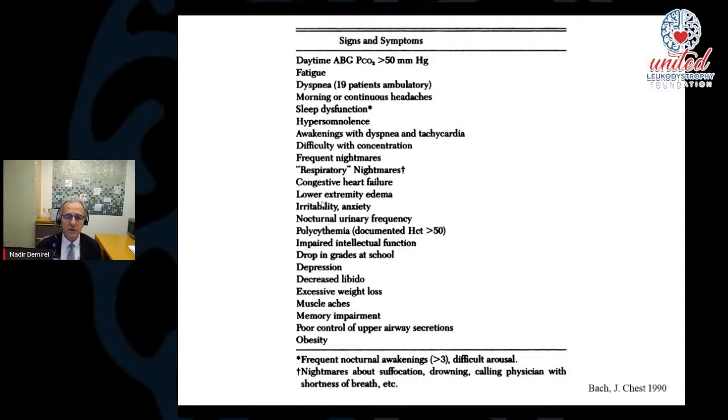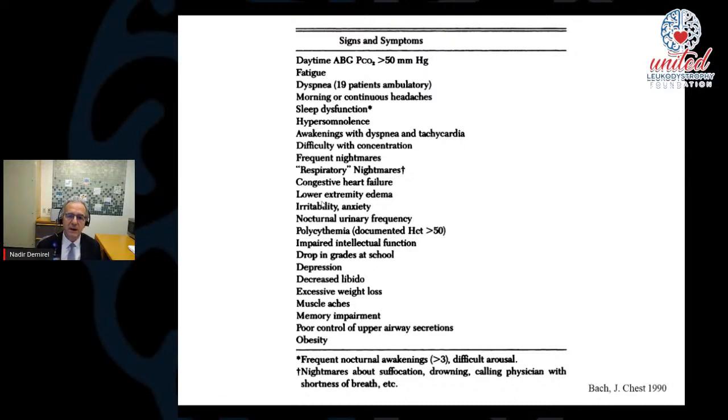So you start to develop these symptoms that you and your doctor may or may not suspect. One of them is fatigue. Fatigue is very related to high carbon dioxide, as are morning headaches and continuous headaches during the day. Again, high carbon dioxide. Dyspnea, meaning increased work of breathing, is more related to low oxygenation.